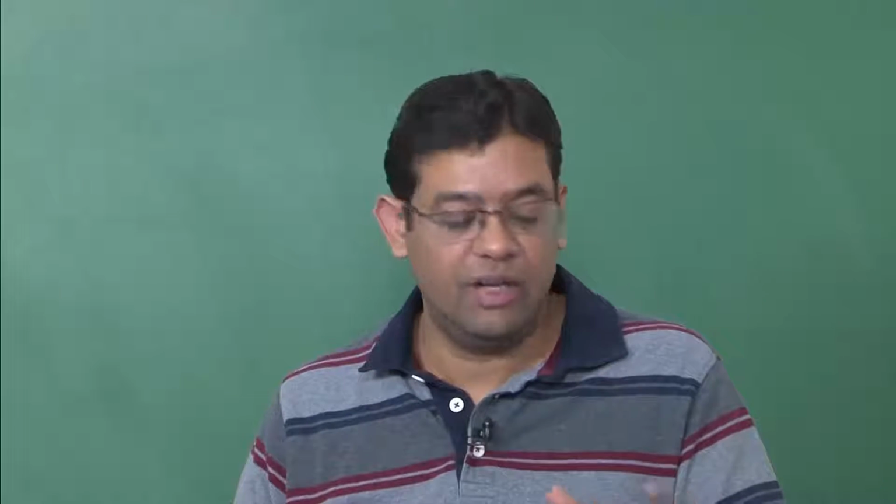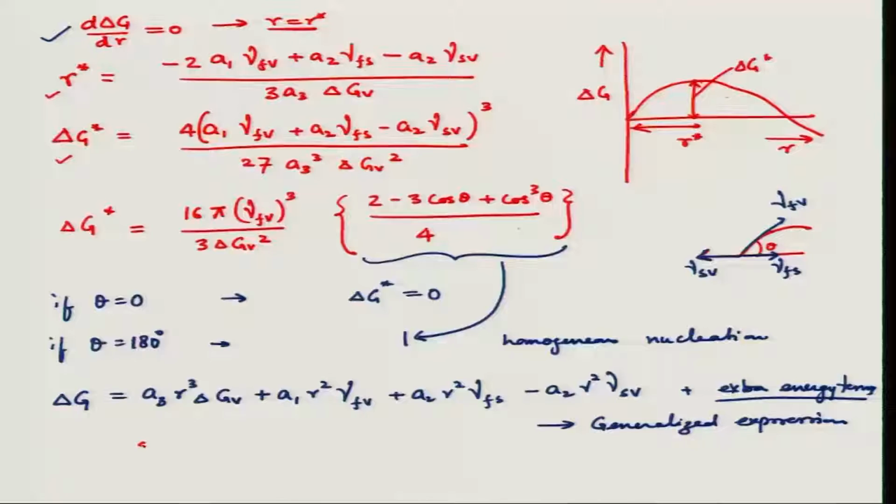This strain energy will again depend on the volume of the thin film. So, this is a volumetric strain energy. Let us say this change in delta G because of strain energy is the volume component, delta Gs.